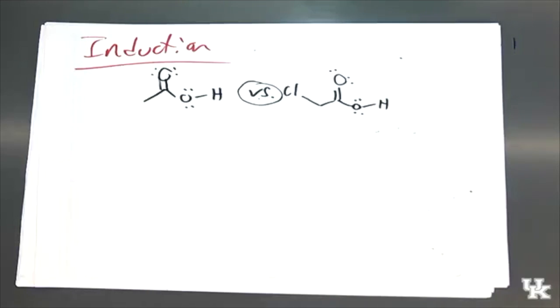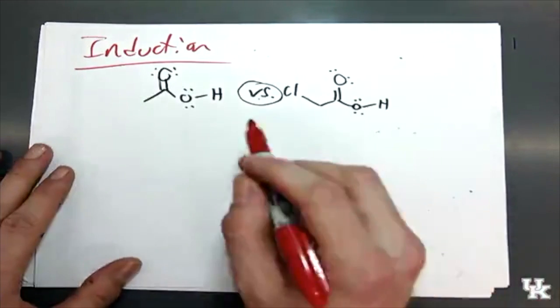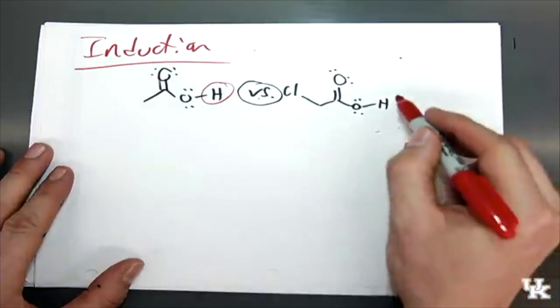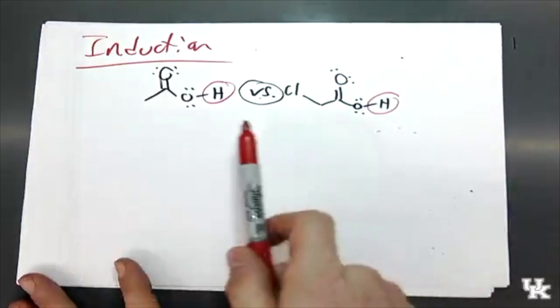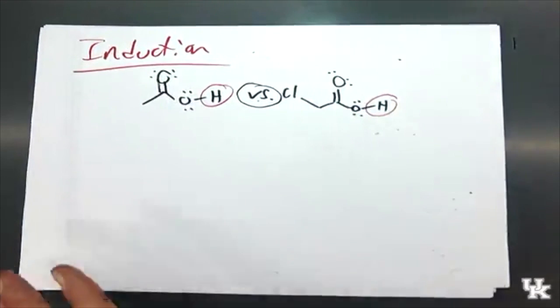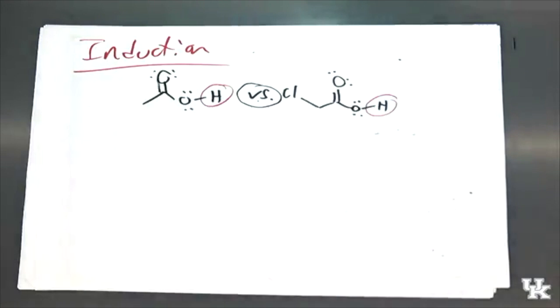Because in both cases, the most acidic proton is this one here. And in both cases, that proton's attached to an oxygen. So the first category, atom, doesn't work. The second category, resonance, they both are attached to carboxylic acids, right? So they would both have the same resonance structures. So which would be the most acidic?